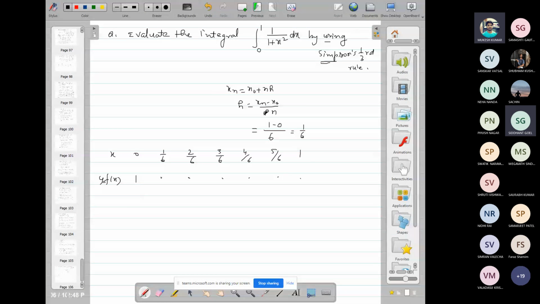Here f(x) is 1 upon 1 plus x square. So calculate these values and write them here.